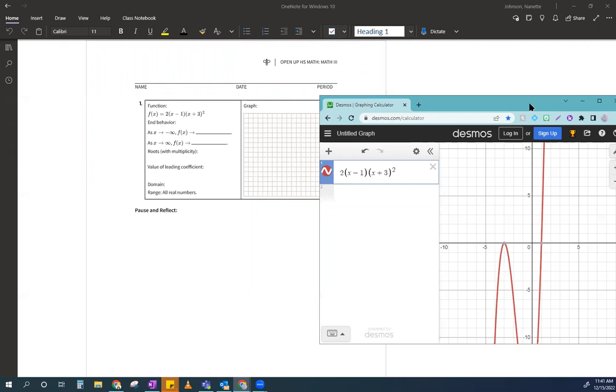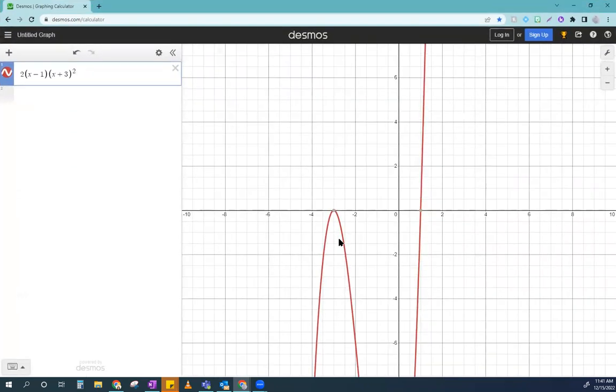I'm going to look at this graph and ask you the same questions. As I go to the right, now some of you can't see down here, so pretend I follow all the way down and I jump back on and I'm traveling all the way right. Where am I headed towards? Yeah, infinity. Good. And as I travel left, where am I headed towards? Yeah, negative infinity. Very good.